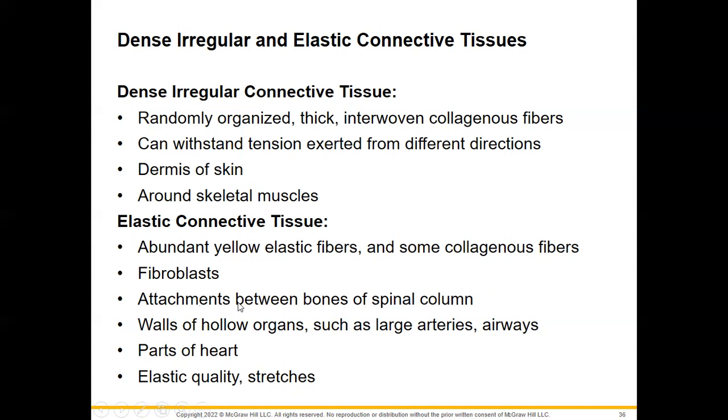Elastic connective tissue are going to attach between the bones of the spinal column. So the vertebrae that are holding you upright, that are holding your torso up, that is protecting your spinal cord. The attachments between those bones that are stacked on top of each other are going to be these elastic connective tissues.